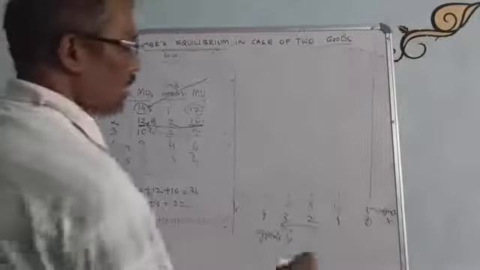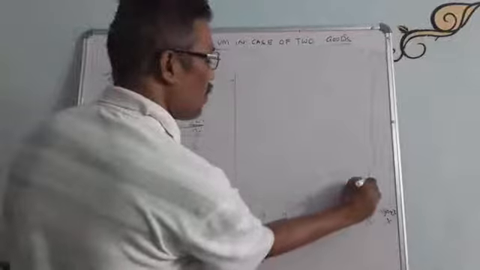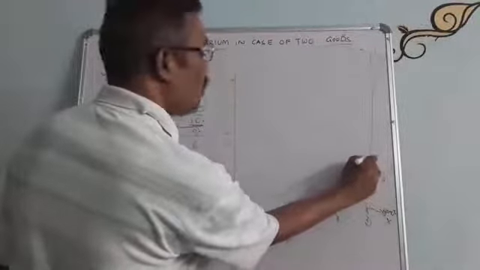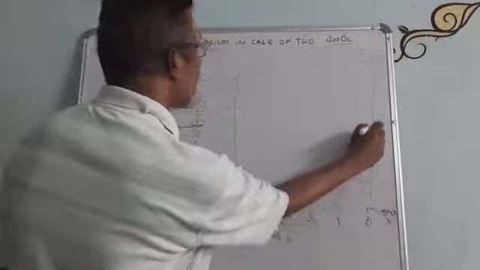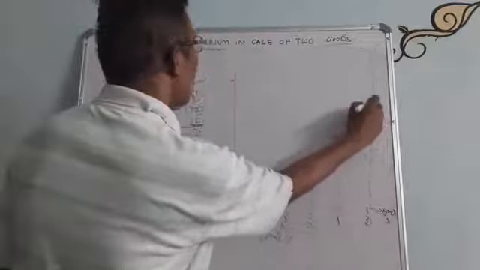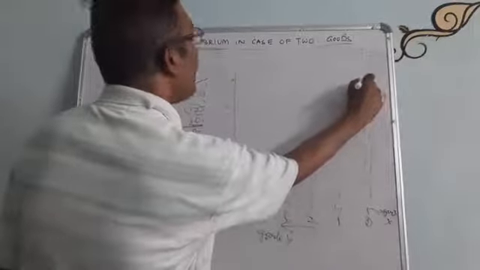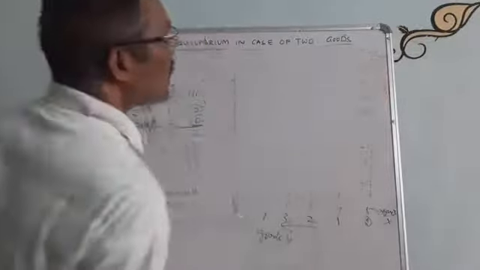For Y goods similarly 2, 4, 6, 8, 10, 12, 14 and 16.